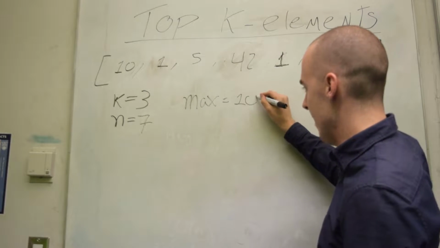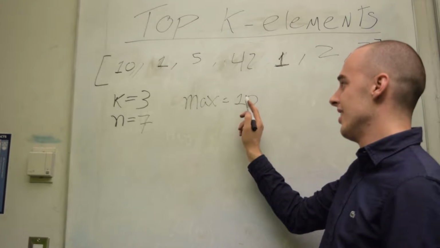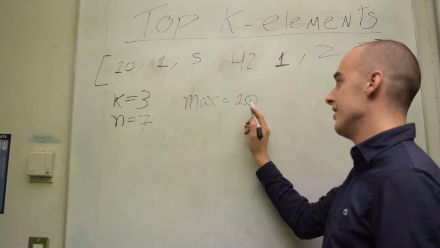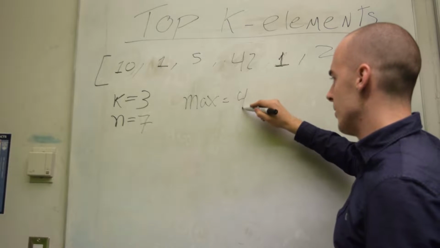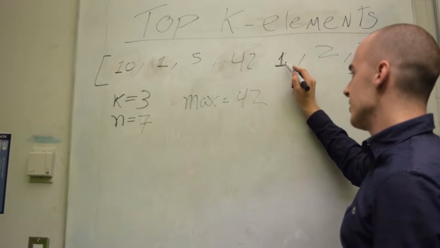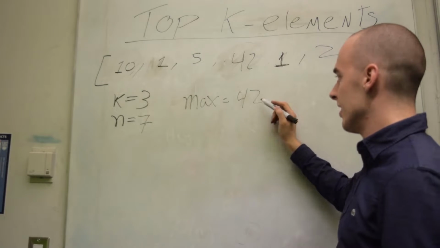So in this case, max equals 10. Then we compare it with 1: 10 is still the max. 5: 10 is still the max. 42: oh, we found something bigger. We replace it.